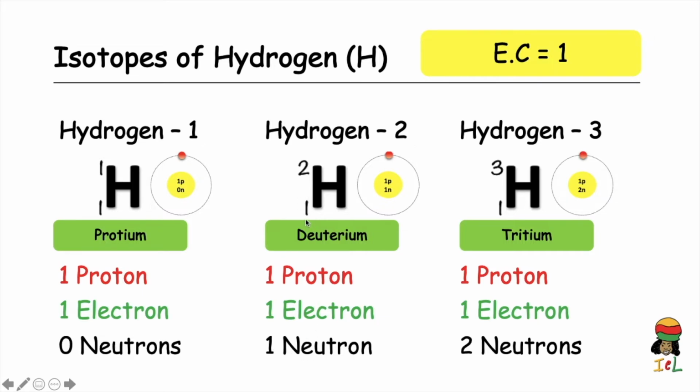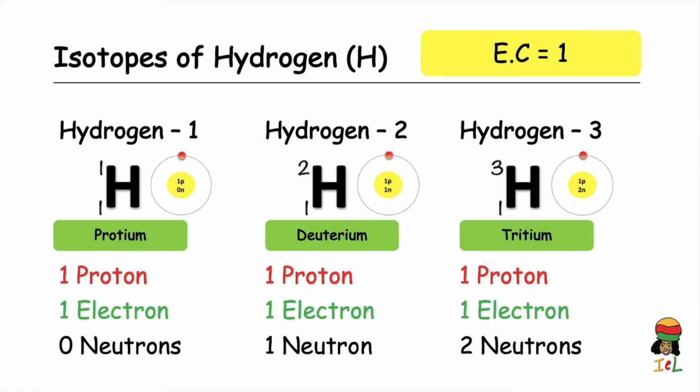Subtract the atomic number 1 from the mass number 2, which gives 1 neutron. Tritium has 2 neutrons. Subtract the atomic number 1 from mass number 3, and that gives us 2 neutrons. Once again, we see that the number of protons are always the same for isotopes of the same element, but differ in the number of neutrons.